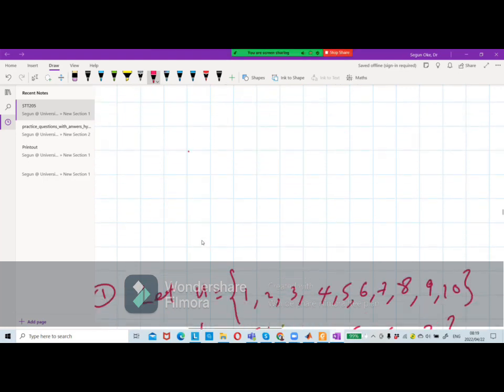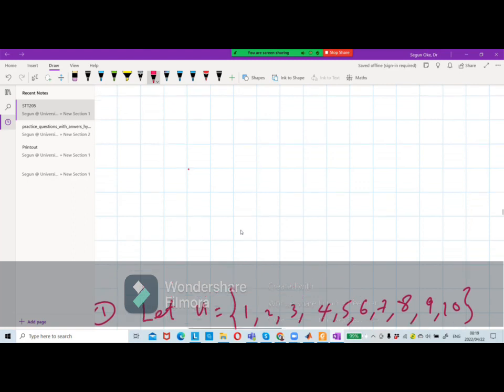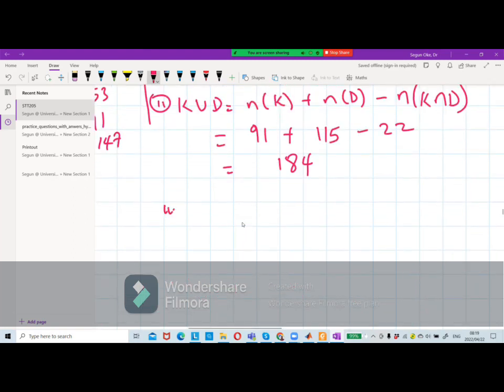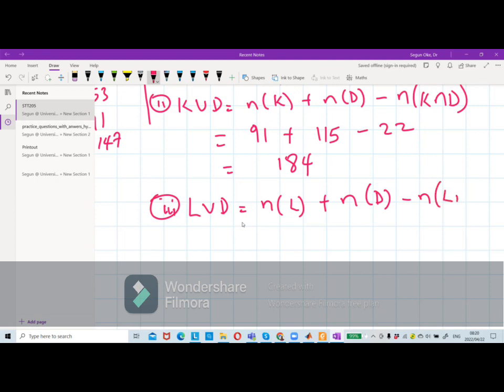So number 3. So we have Roman figure 3 here to be L union D is the same thing as number of L plus number of D minus number of L intersection D, which is the same thing as 147 plus 115 minus 43, which is equal to 219.